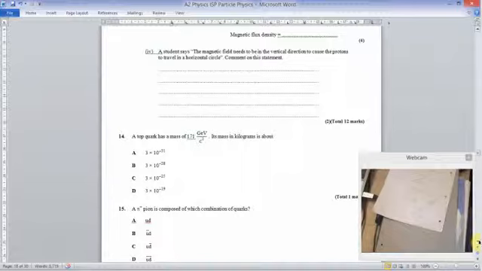Hold on, let me just work this out with my calculator to check that I've got my thought process right on this. These are easy questions to make mistakes on.